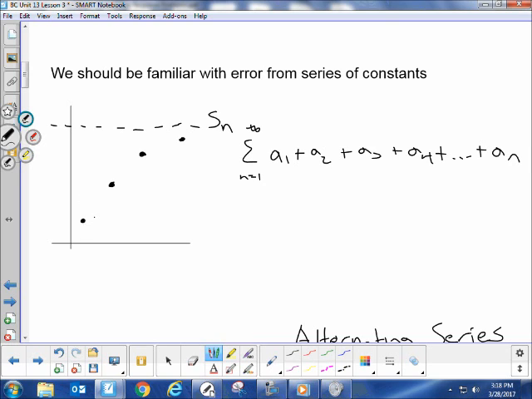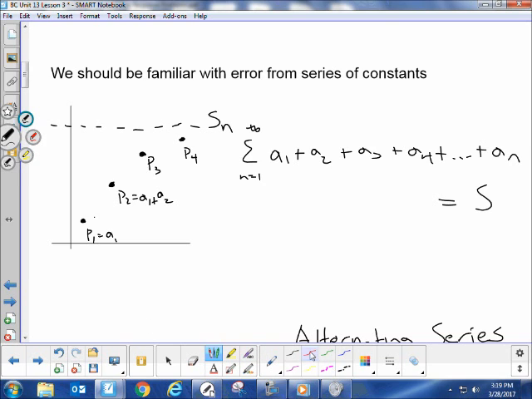We would denote these as our partial sums. This would be P1, which is A1. This is P2, which is equal to A1 plus A2. This would be P3, A1 plus A2 plus A3. This would be P4. And eventually, if this converges to some S value, this would be our nth partial sum, which would be our sum.